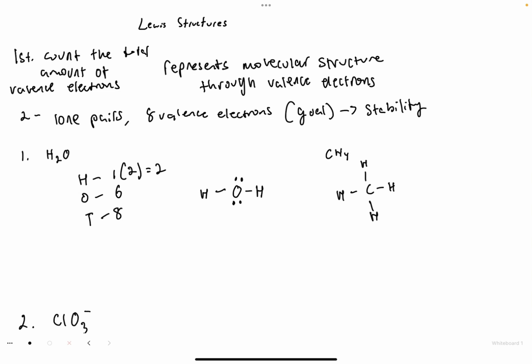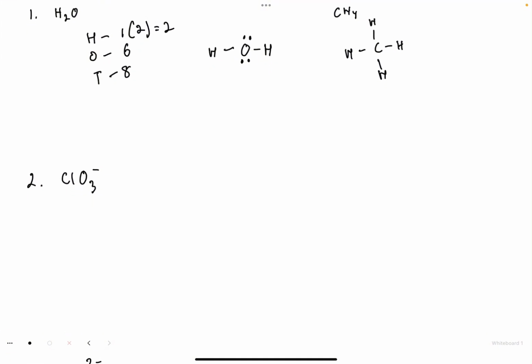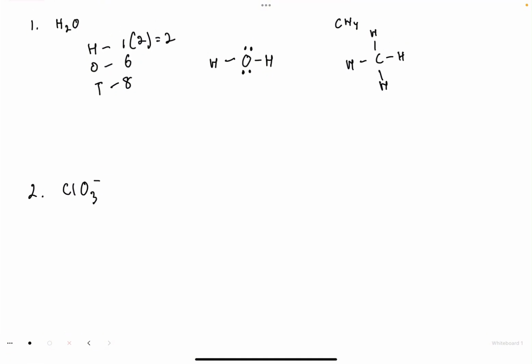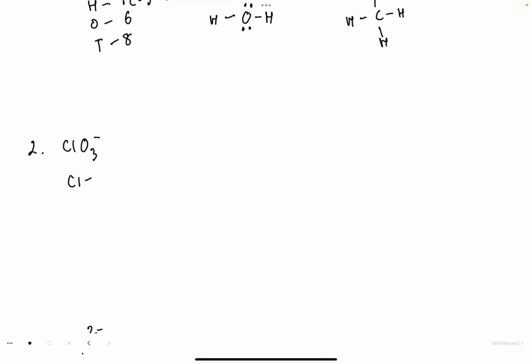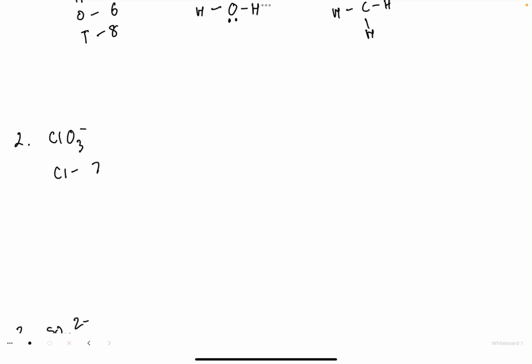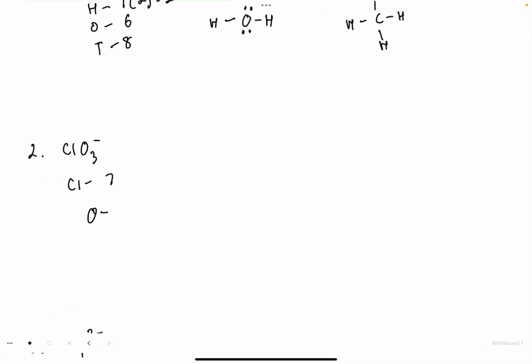And number 2, we have chlorate. I see that chlorine has 7 valence electrons. Oxygen has 6, but since there are 3 oxygens, that's going to be 18.